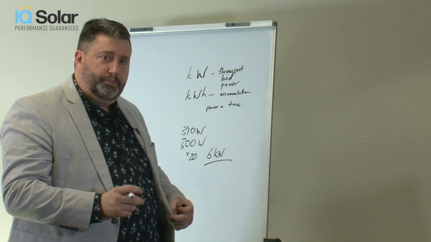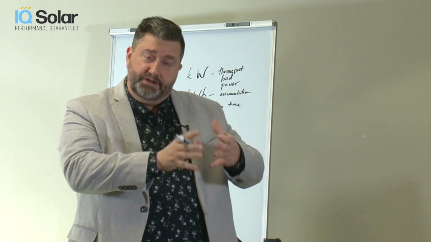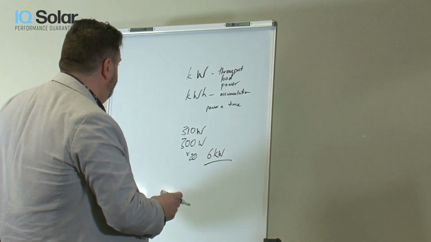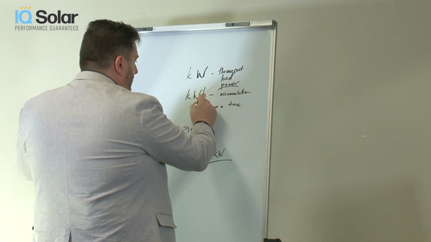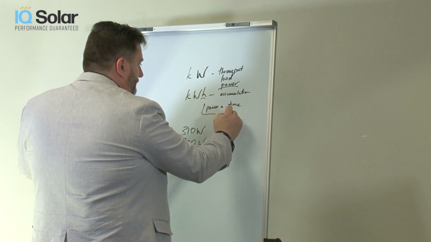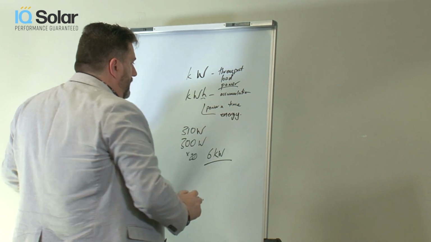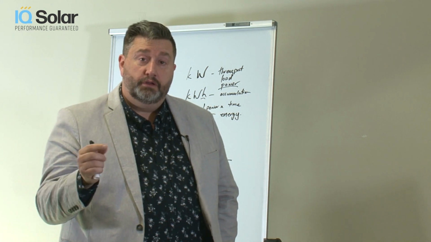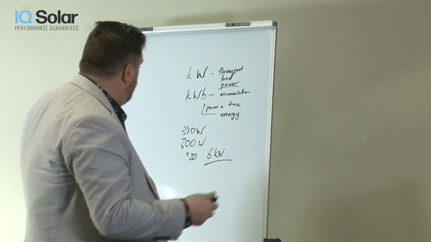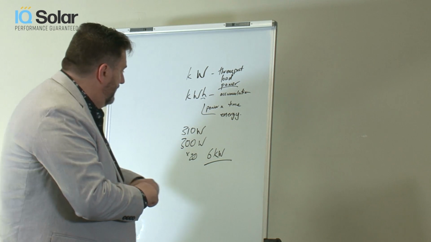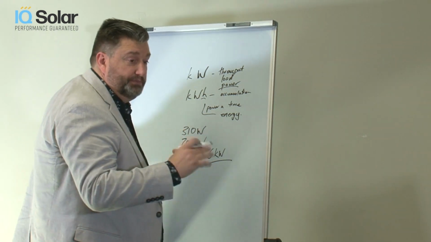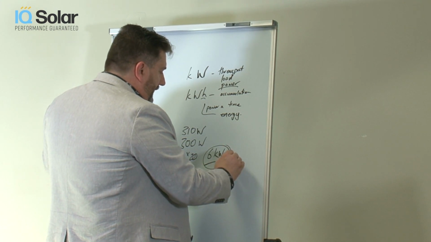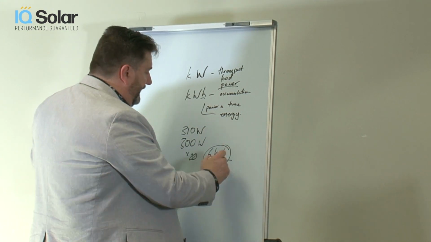There is a relationship between the size of a system, measured in kilowatts, and how much energy, measured in kilowatt hours, that system will produce in a day. Let's say you had a system that was 6 kilowatts, and at midday, which is the best time for solar, it was producing at full capacity, for the sake of the example.